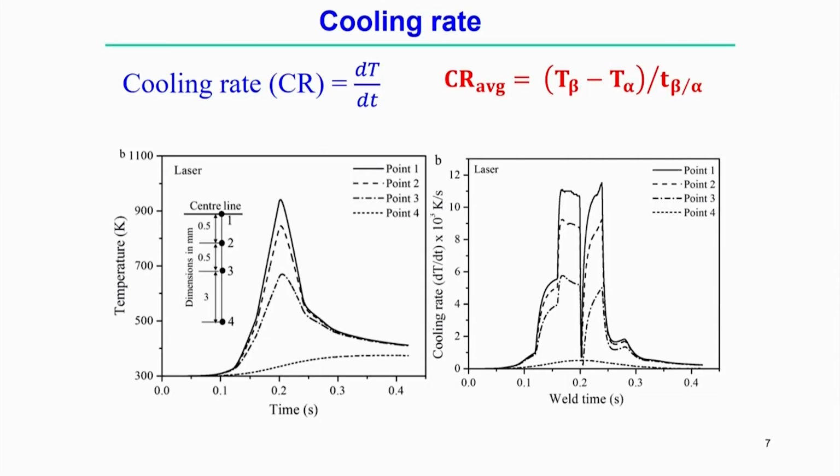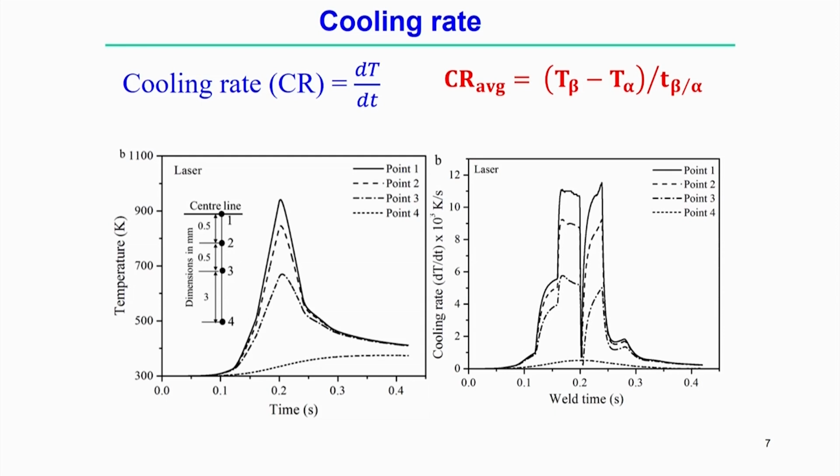With this variable cooling rate, it is very difficult to predict the actual microstructure and link it to the cooling rate. To avoid this situation, we can represent the cooling rate as an average cooling rate value. The expression of the average cooling rate is T beta minus T alpha divided by t beta minus t alpha.